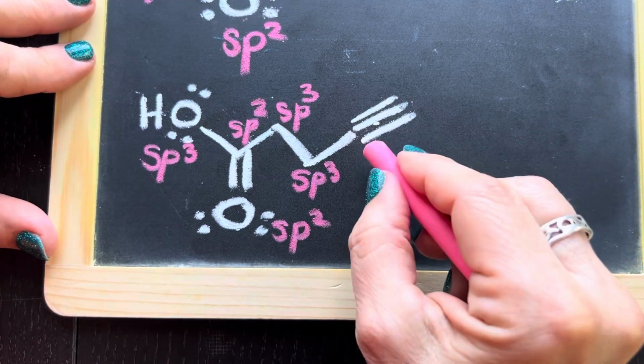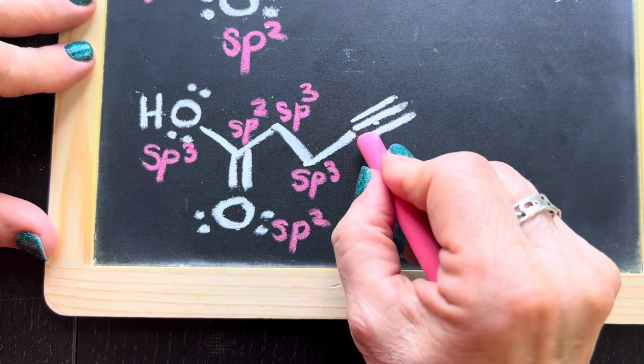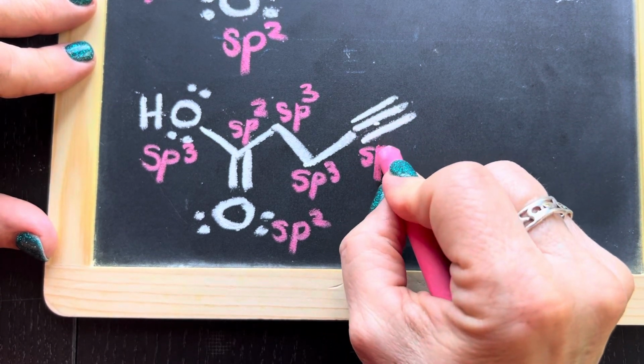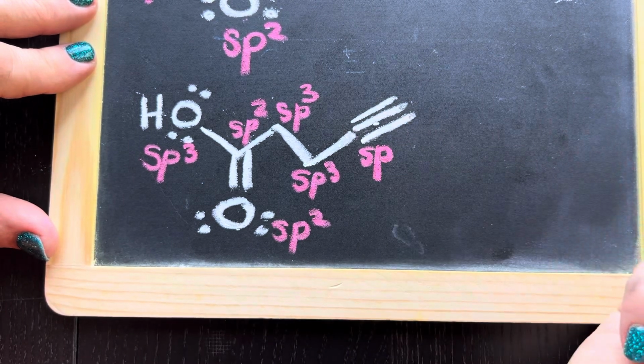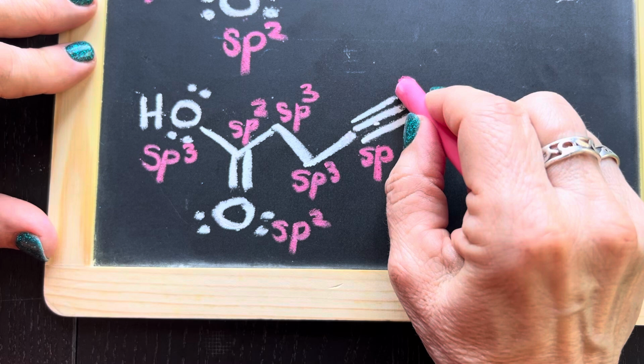So that means that each one of these carbons is sp hybridized. This one and this one.